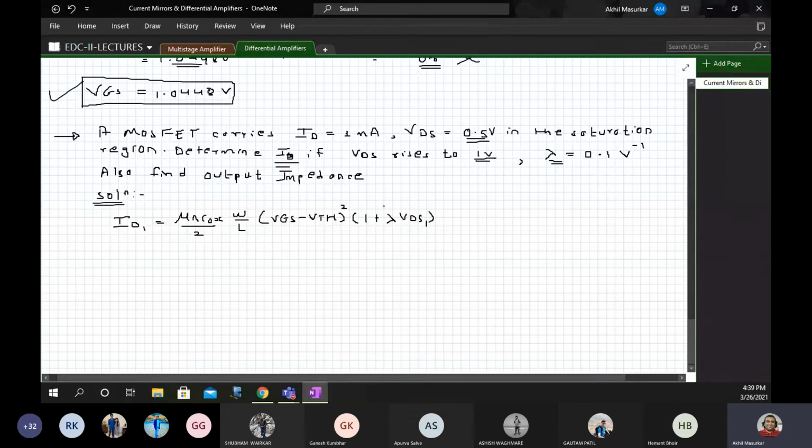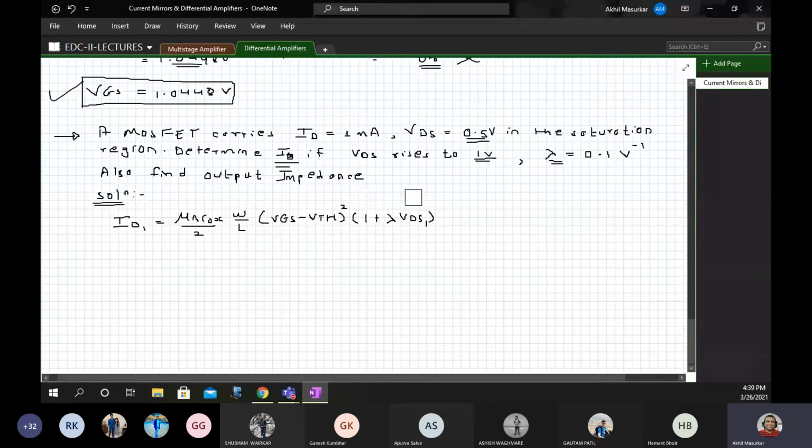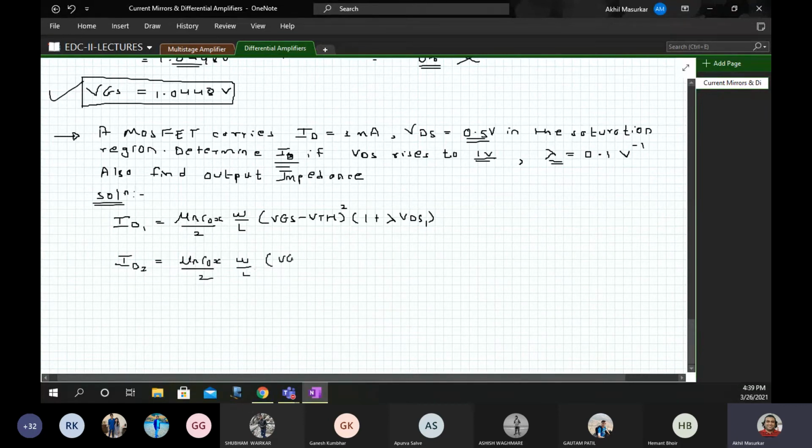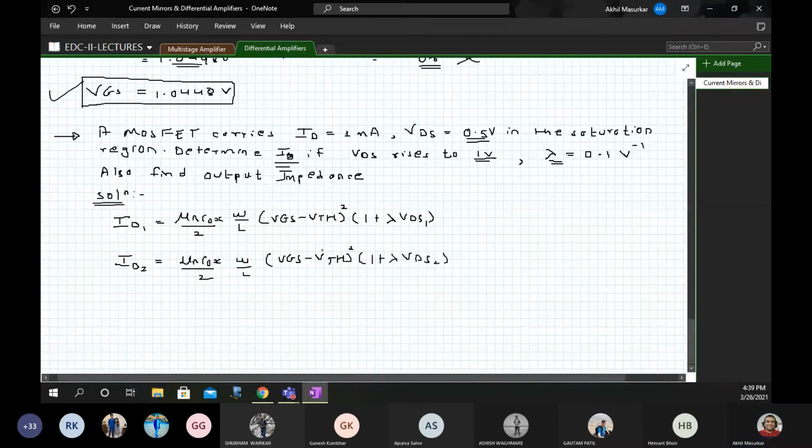If lambda would have been 0, then this term would have been 1. So that is not the case. Similarly, ID2 is mu n COX by 2 W by L VGS minus VTH the whole square 1 plus lambda VDS2.